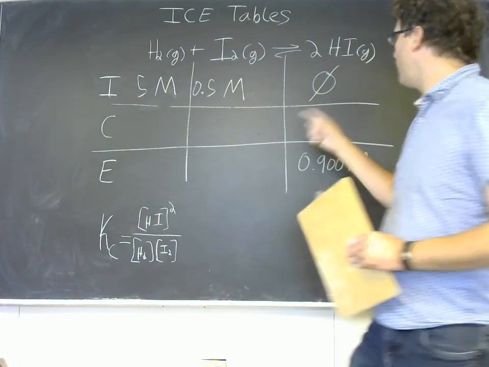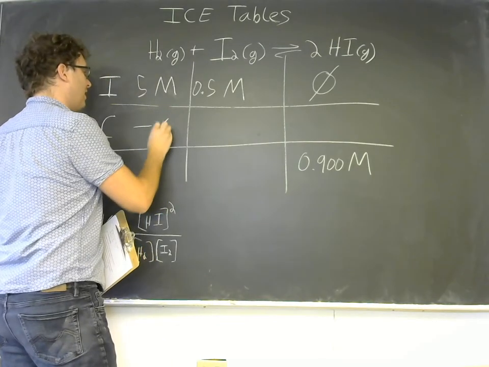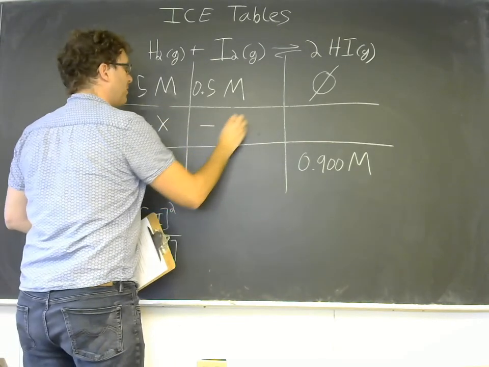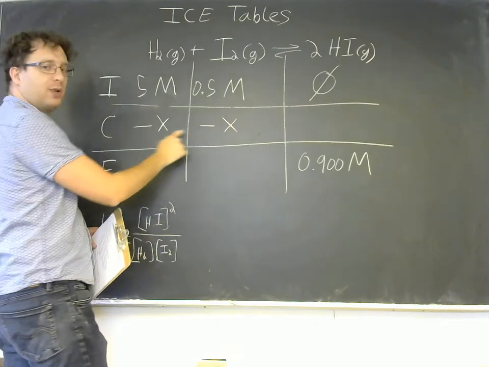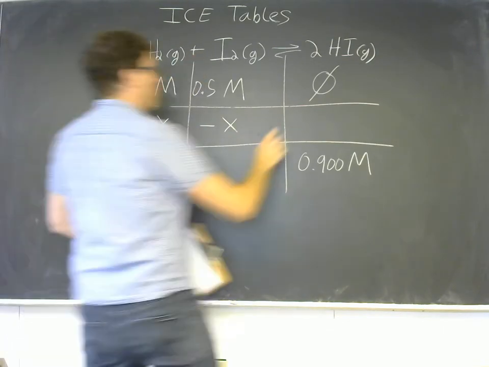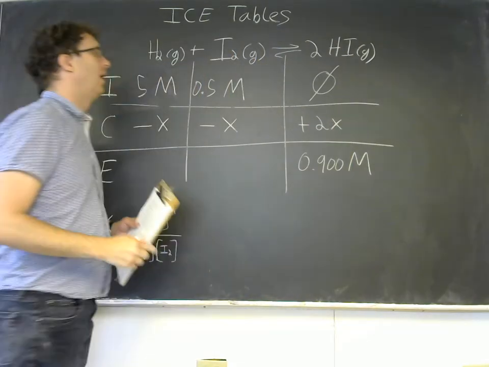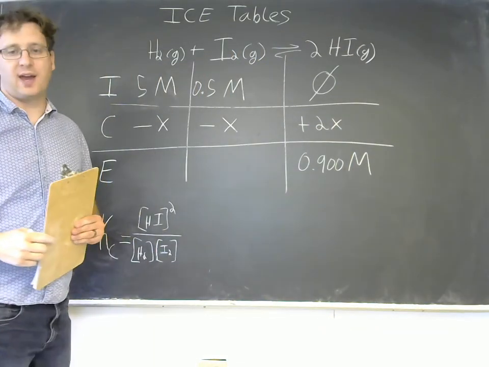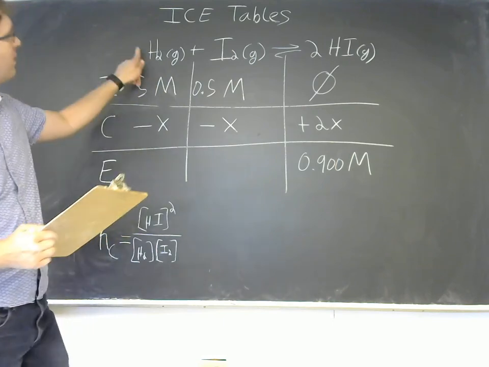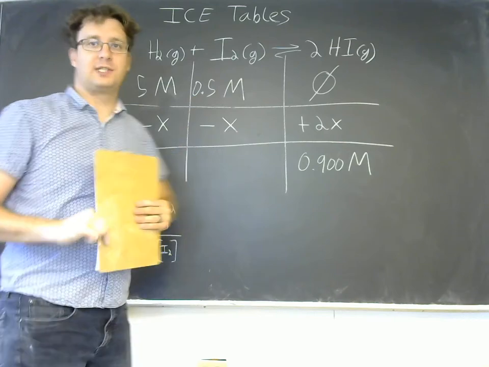I don't know how much things have changed yet, but I know that the stoichiometry says that we'll lose equal amounts of H2 and I2, and that we'll gain 2 times that amount of HI. That's what our stoichiometry of 1 to 1 to 2 says.